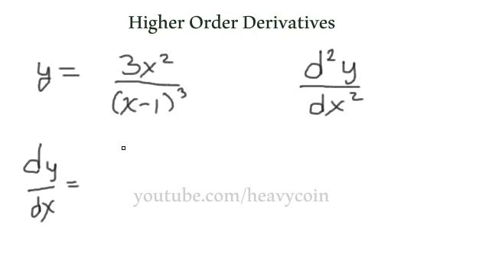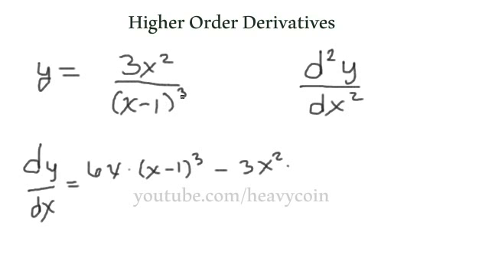We take the derivative of the numerator, and that's going to give us 6x times the denominator, (x minus 1) cubed, minus, rewriting the numerator, 3x squared times the derivative of the denominator.